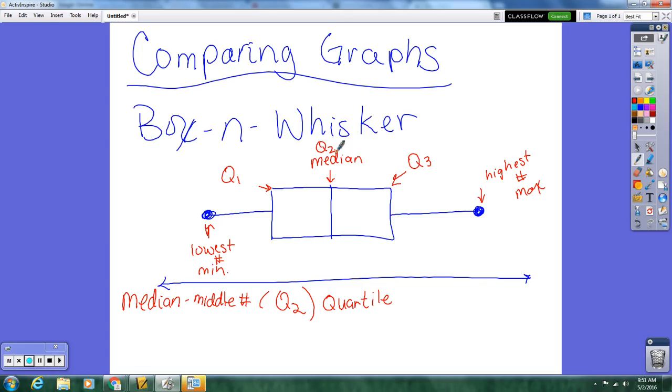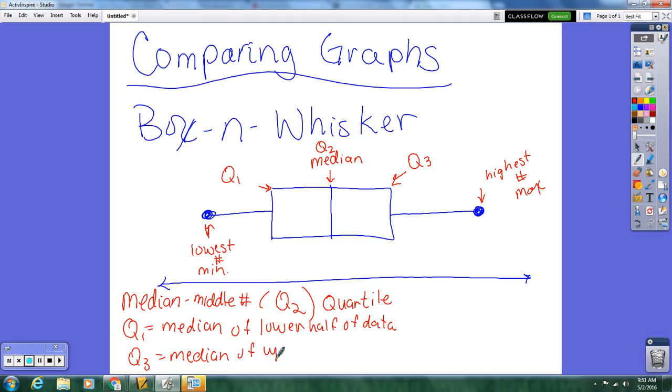So this line, this number, whatever it is, splits the data into the bottom half and the top half. That part makes sense? So this Q1 is the median of the lower half of data, and the Q3 is the median of the upper half of the data.